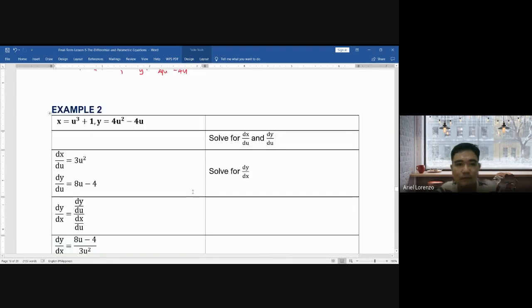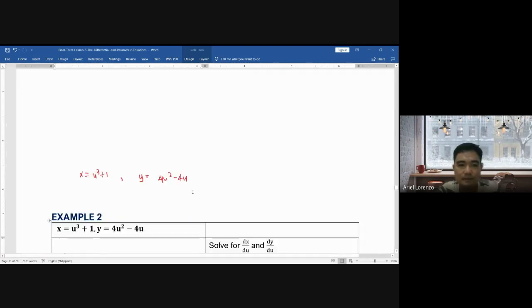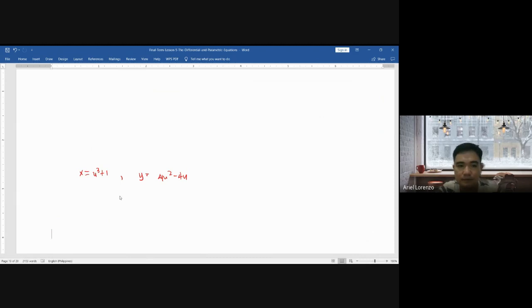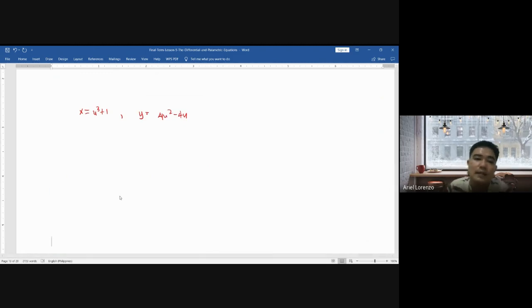Iba siya. Okay, let's try kung paano siya nakuha. For u squared minus 4u. Okay? So, magiging dx with respect to du is equal to 3u squared. Derivative ni 1 is 0. Tama ba? Derivative ni y with respect to u is equal to 8u minus 4.